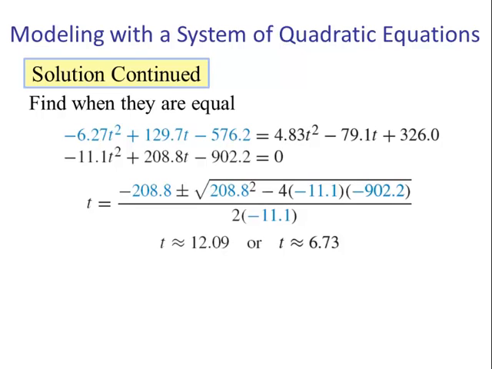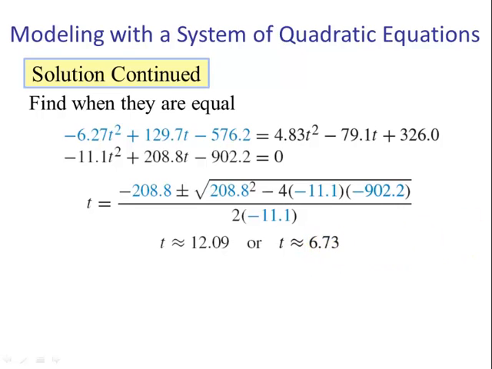So please take the time to verify this. This value corresponds to about 12 years beyond 1990, and this value corresponds to about 7 years beyond 1990. So here we have the year 2002, and this will be the year 1997.